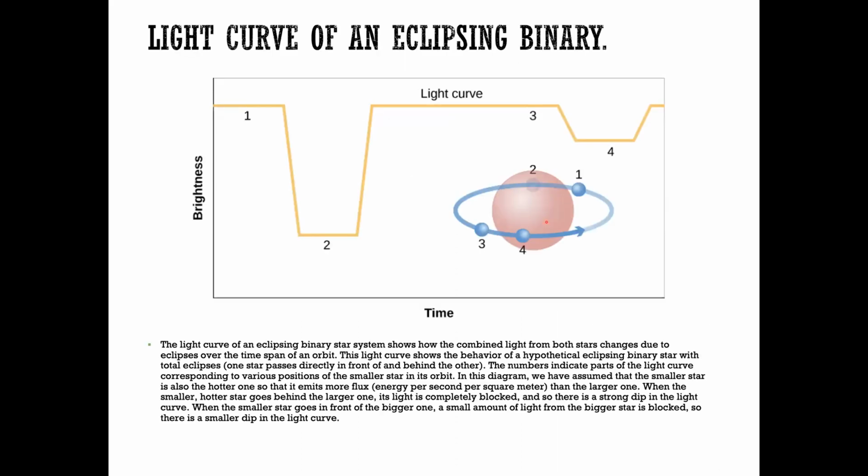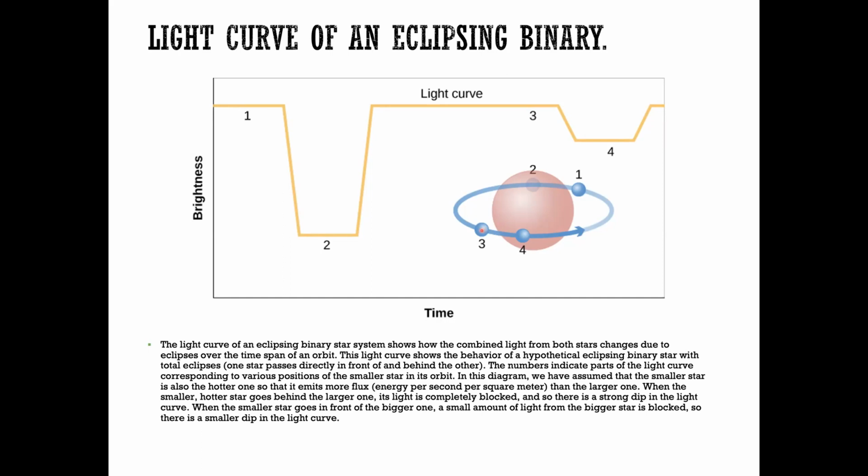So here is an example for that. You can see that there are two stars in the diagram. The one in pink color is at the center, which is a larger, let's say a red type star, and there is a smaller star that goes around it. The size of that star is smaller, so the area of the star is smaller.